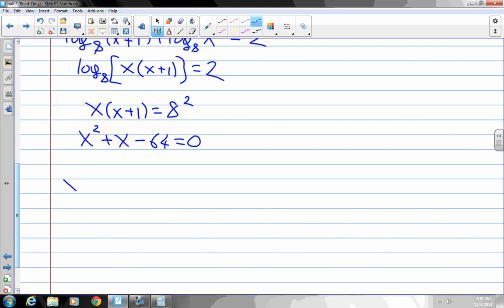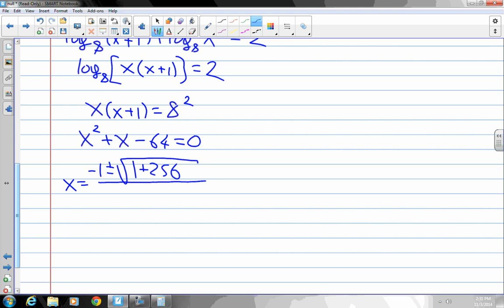X equals -1 plus or minus the square root of b squared, which is 1, minus 4ac. C is negative, so minus becomes a plus. 4 times 64, 256. And again, I lost my confidence in multiplying 240 plus 16.